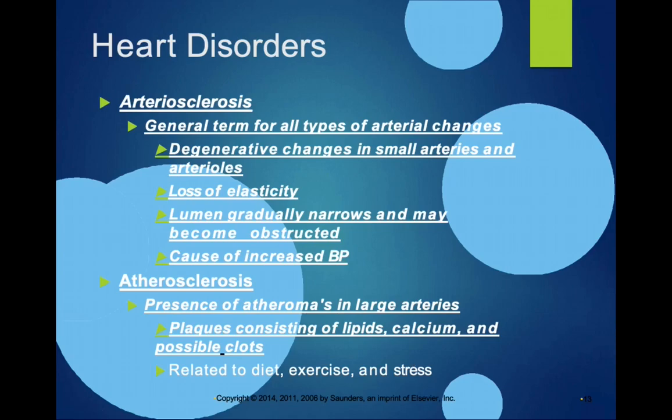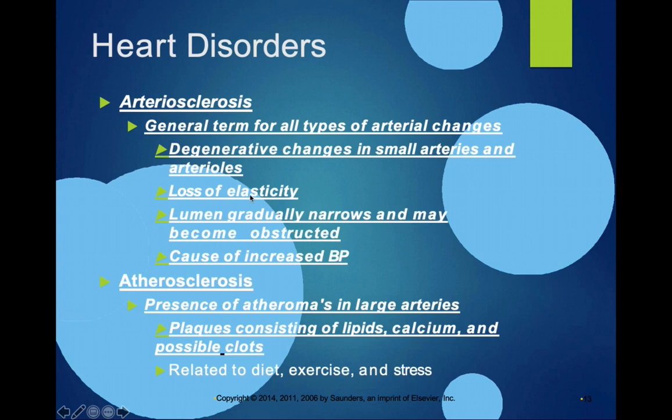So arteriosclerosis, you should know that this is the generalized term for all types of arterial changes. It's a very generalized term. Degenerative changes in small arteries and arterioles. In terms of arterial changes, there could be the loss of elasticity.